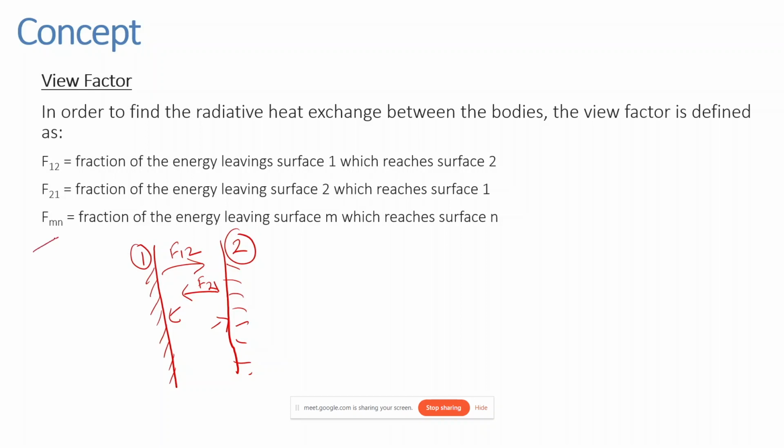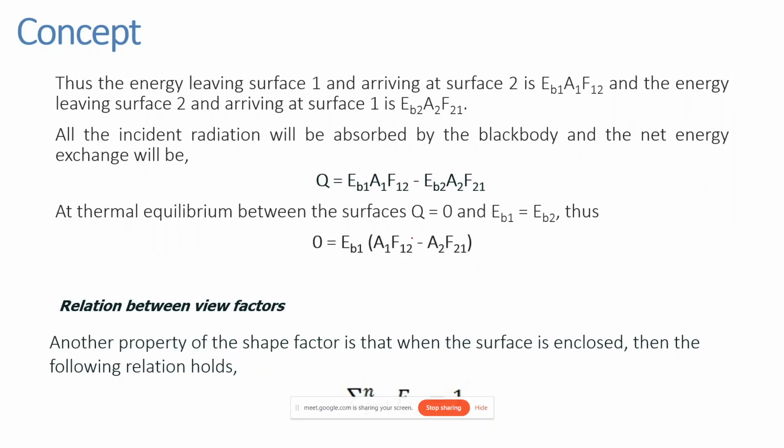So in general we can write it as Fmn, the fraction of energy leaving surface m which reaches surface n. This is how we define the view factor. In this question we have been asked, for the given symmetry, what is F22. The energy leaving surface 1 and arriving at surface 2 is given by this term. Here EB is the energy emitted by the surface, and similarly the energy leaving surface 2 is given by this term.